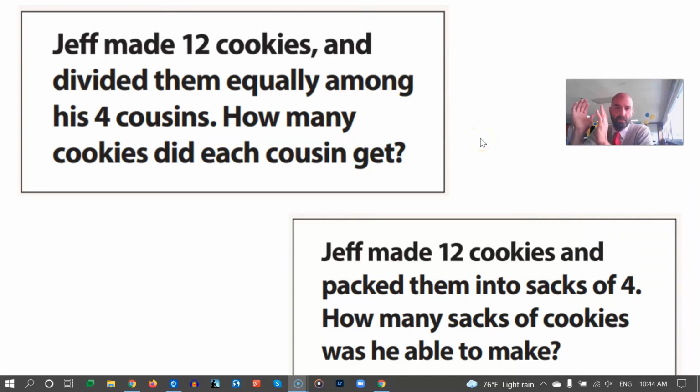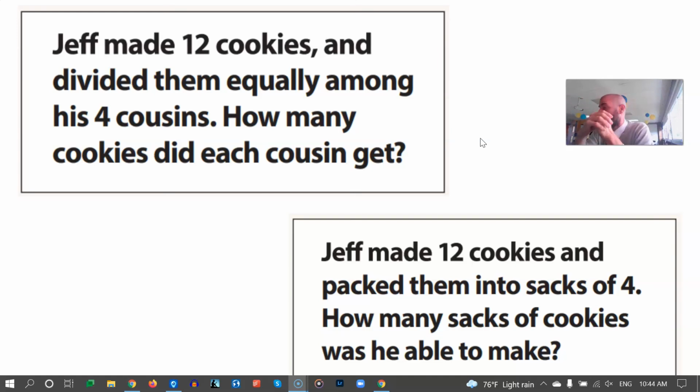So let's look at these similar problems, and try and think about which one is a grouping problem and which one is a sharing problem. Again, understanding the difference between grouping and sharing is going to help you when we get into dividing by the unit fractions or taking unit fractions and dividing, what you're going to do with that information, how you're going to solve that process.